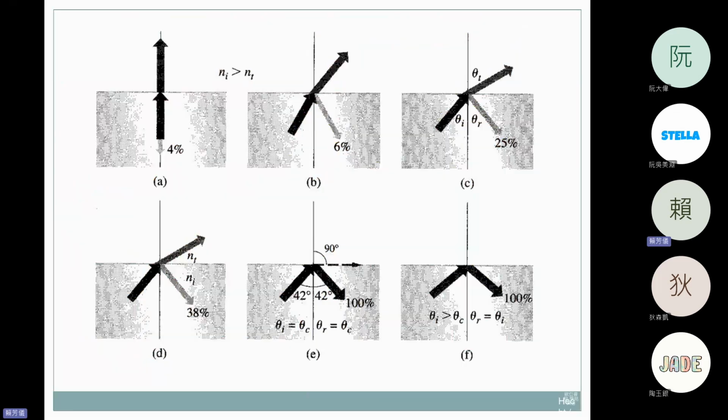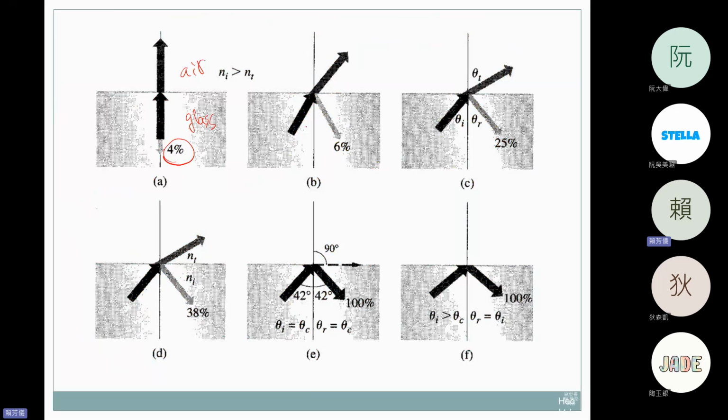Okay, here we can see the measurement. The 4% shows that if this is glass and this is air, we all know the transmittance of glass is large, so only 4% will reflect back when the incident angle is 0.